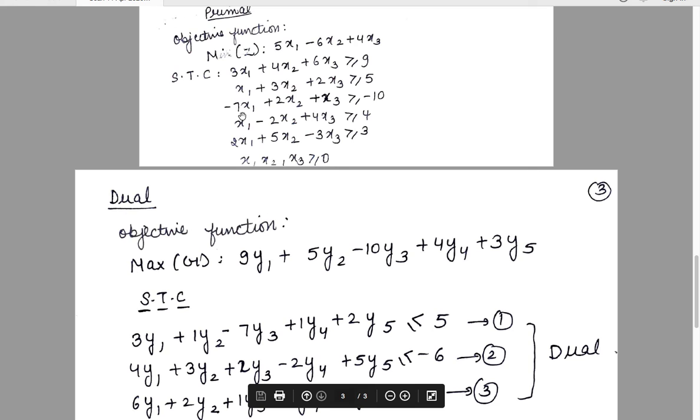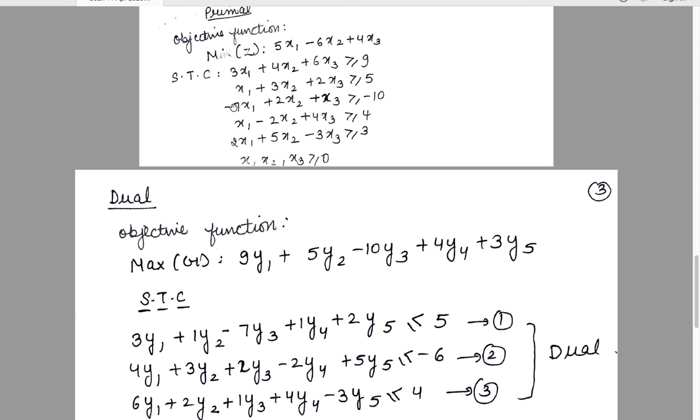There are 5 constraints in primal, so there will be 5 new variables in the dual. These are y1, y2, y3, y4 and y5. Okay, so I am converting it into dual now. Instead of minimization, we will write maximization z, and you can see the values in the first column of the primal.